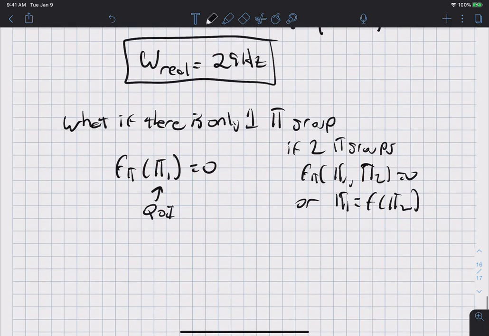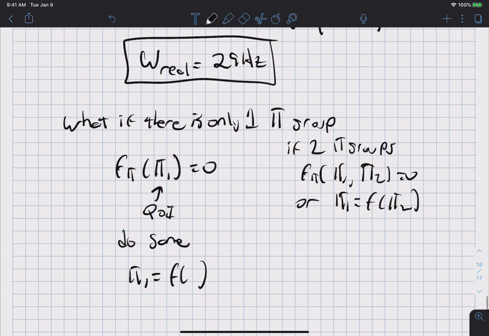Okay, we do the same thing over here, and we have pi 1 equals some function. Well, there is no pi 2 over here, so it's an empty function. It's a function of nothing.